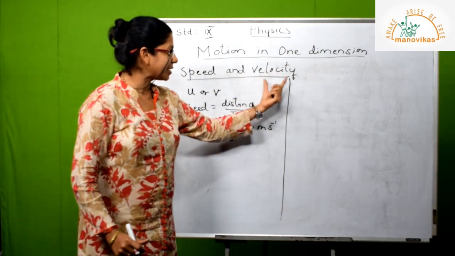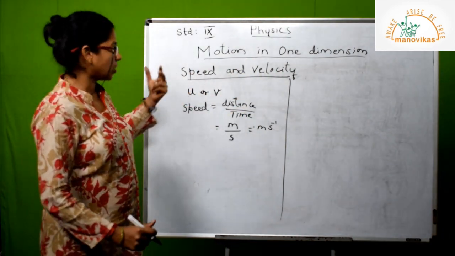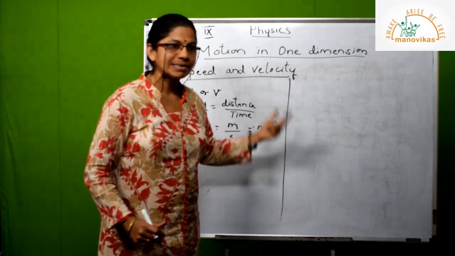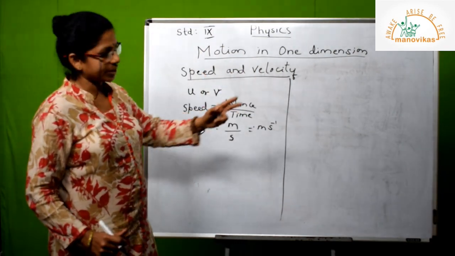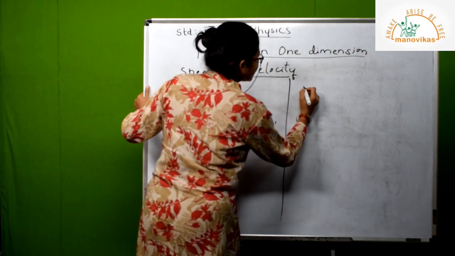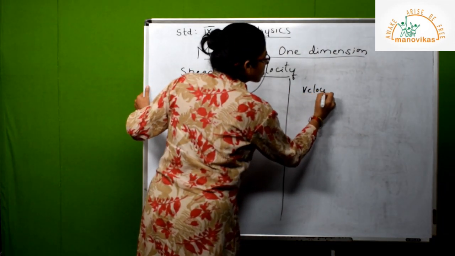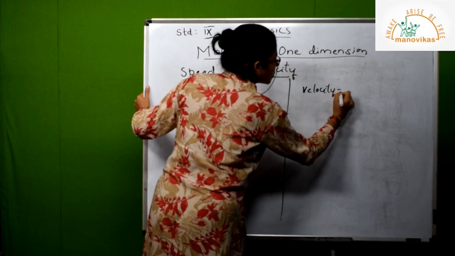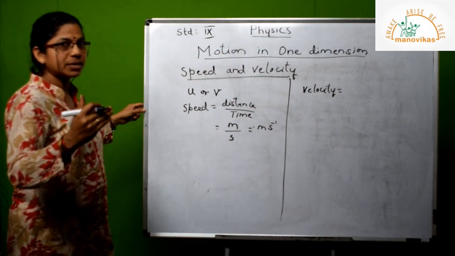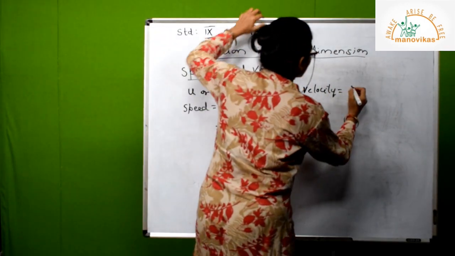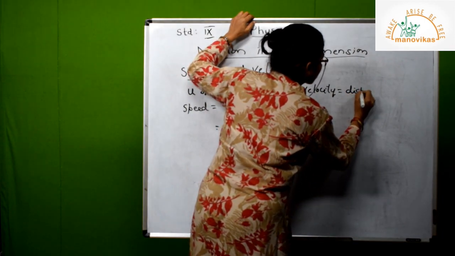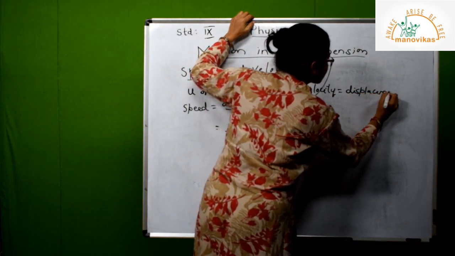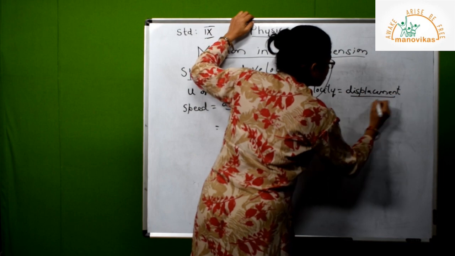Whereas velocity, what is velocity? Velocity is the rate of change of distance in a particular direction. So you can write velocity as the ratio of displacement upon time.